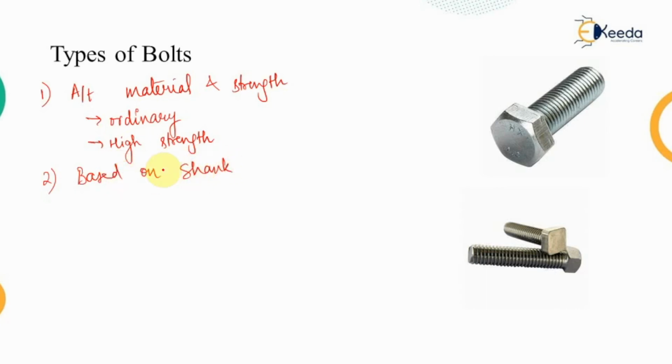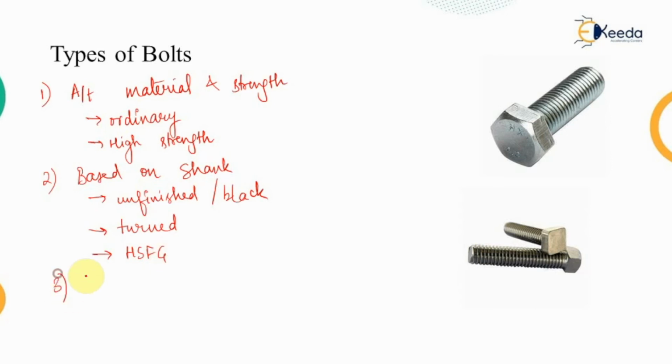Based upon the shank, they are classified into three categories: unfinished, popularly known as black bolts, the turned bolt, and the last category, the HSFG bolt, that is high strength friction grip bolt. That means it transfers the load through the action of frictional force.